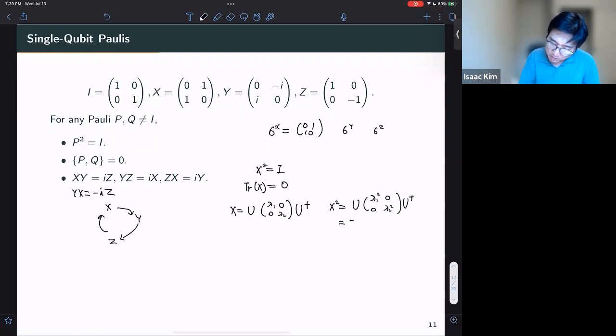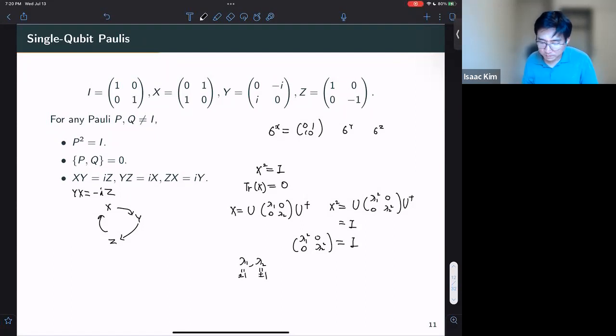And we know that this is identity. So what does that mean? That means that lambda1 squared, 0, 0, lambda2 squared is equal to identity. So lambda1 and lambda2 are both +1 or -1.